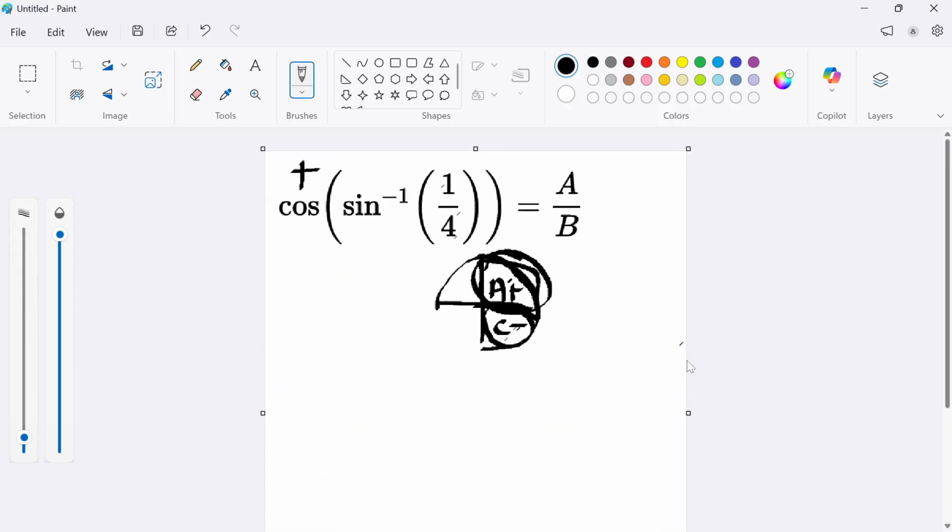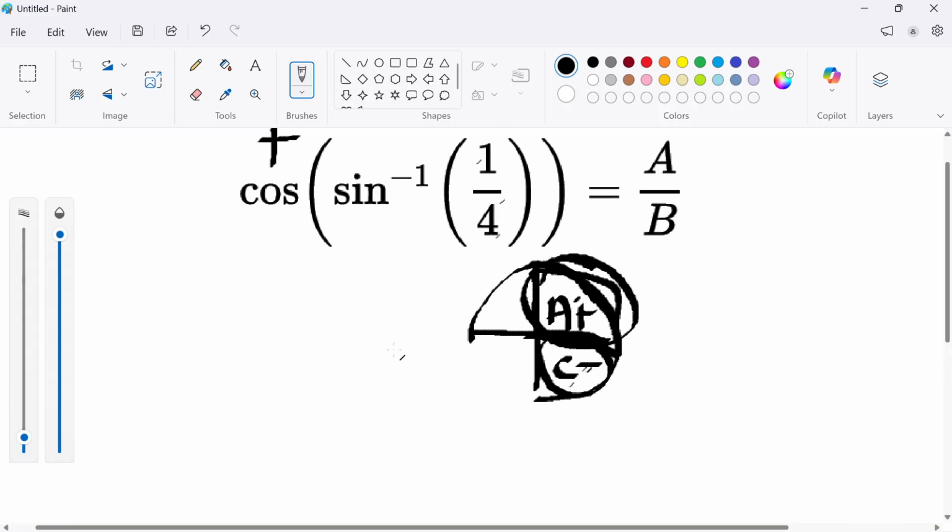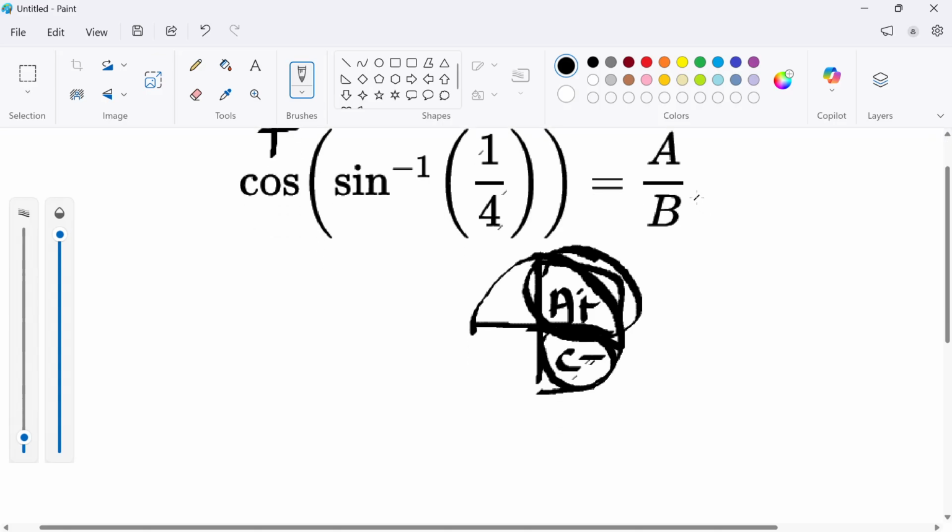Two ways I can do this one, I guess. I'm going to do, I think, the first 10 problems in this video. One way I can do this is remember that sine squared plus cosine squared equals 1. I can do it like that.